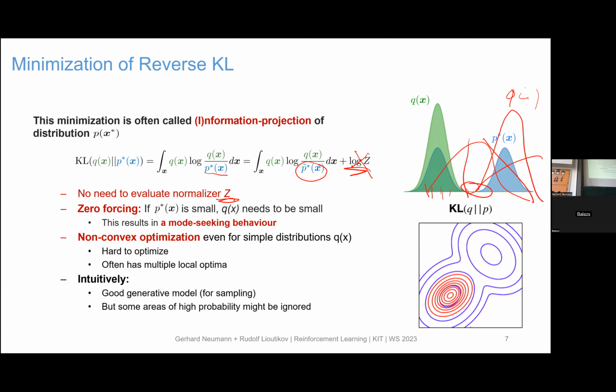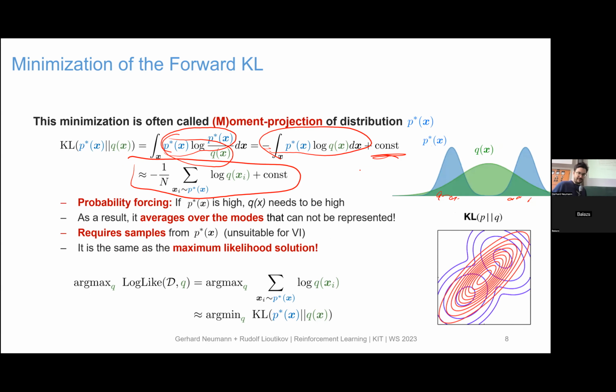So for generating samples, this is a good thing, because the samples you generate are all valid samples. It could be that you leave out some of the probability space because you ignored some of the modes, but the samples you generate should be good samples if you use the I projection.